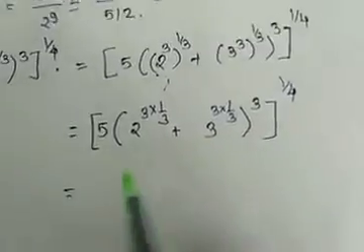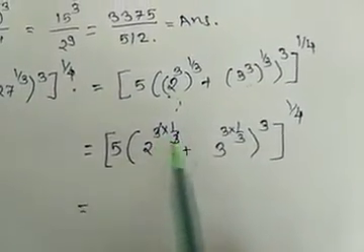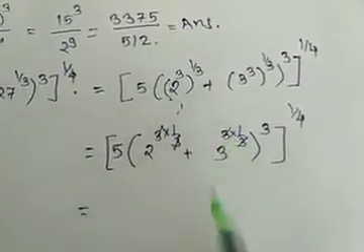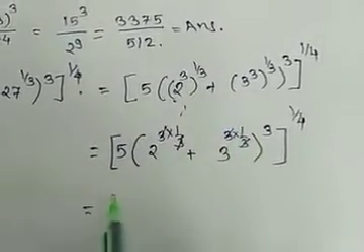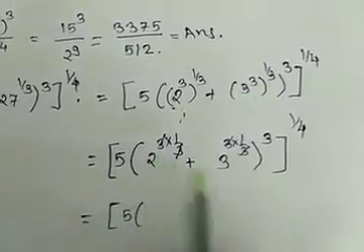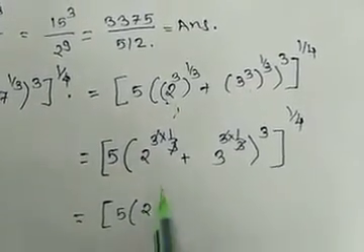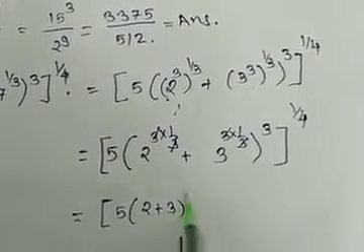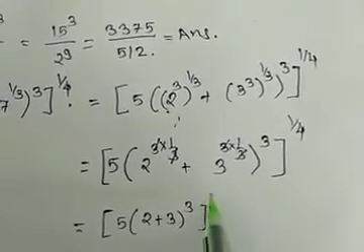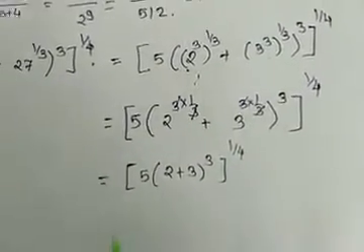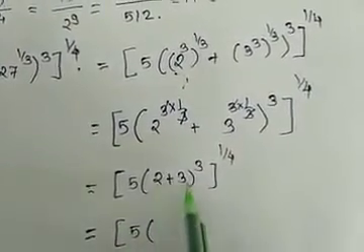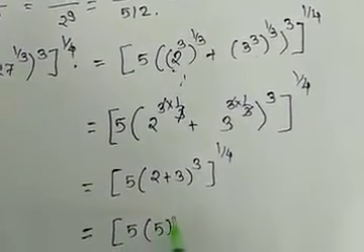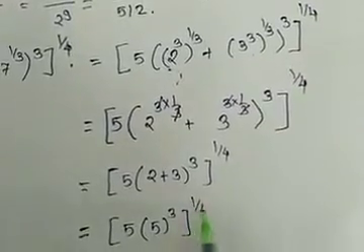So here the 3 gets cancelled, here also the 3 gets cancelled, so the power becomes 1, and we get 5 into bracket 2 plus 3, bracket cube raised to 1 by 4, which gives 5 into bracket 2 plus 3 is 5 cube, bracket raised to 1 by 4.